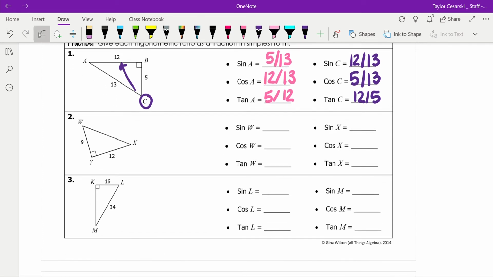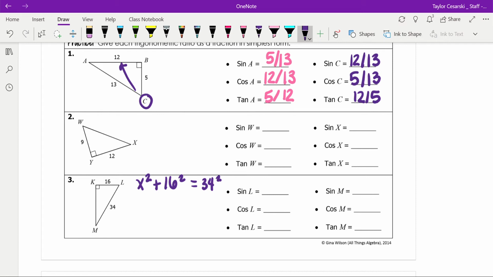Alright, let's go to number 3. Now notice in number 3 we only have 2 sides that are given to us, so we're going to have to use the Pythagorean theorem to find the third side. Notice that 34 is your hypotenuse, so I'm going to set it up as x squared plus 16 squared equals 34 squared.